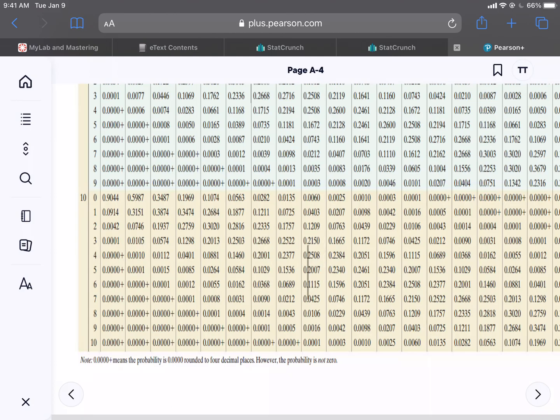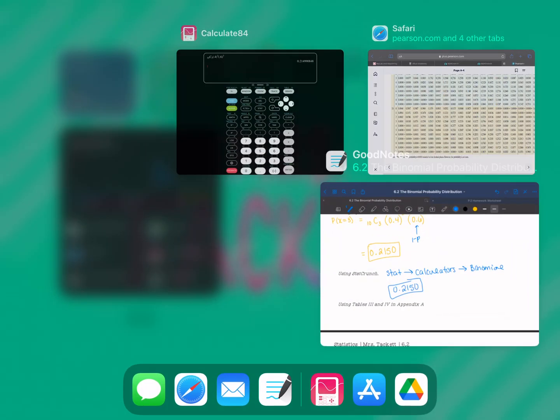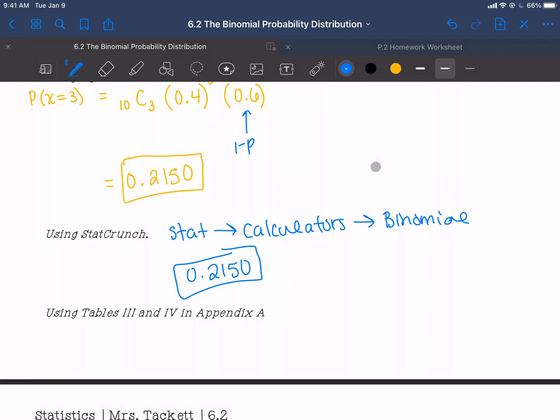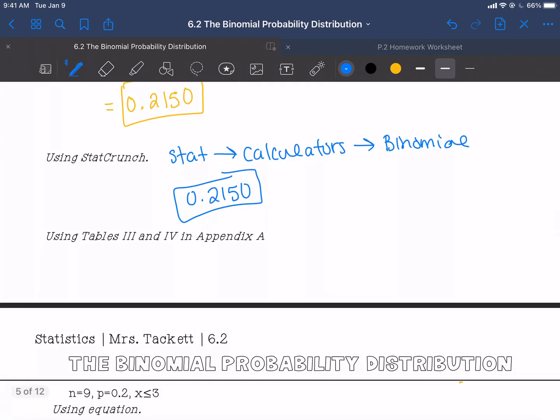If I come across here, you can see right above my cursor there is 0.2150. So it is right there in the table for us. Okay, so find the n value first, find the p value, and then go to the row that matches x. And it's the same number.